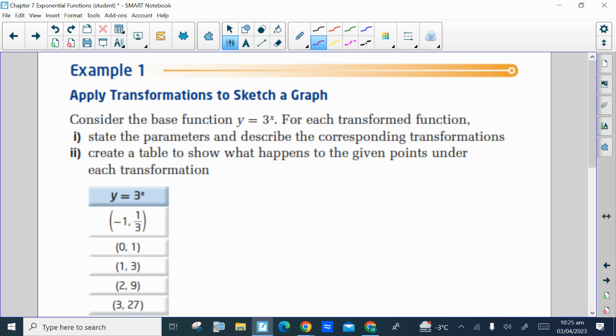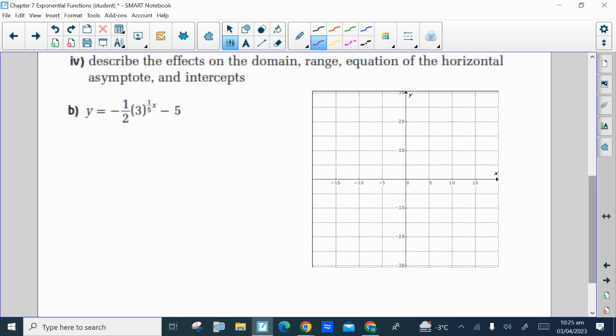Again, going through (-1, 1/3), (0, 1), (1, 3), (2, 9), and (3, 27). So there's our base graph.